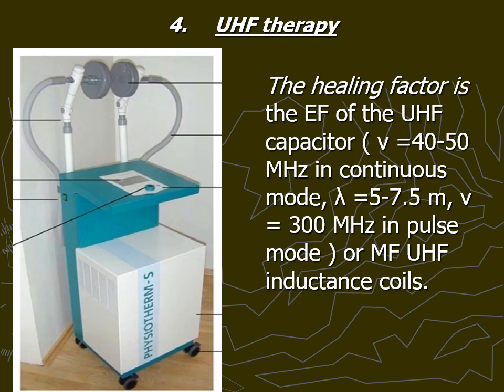If we use an electric field, then capacitor plates are used as electrodes, which are placed in plastic. If we use a magnetic field, then in this case we use a coil placed again in a plastic box, and this coil is placed on the tissues of the body, on the human body.